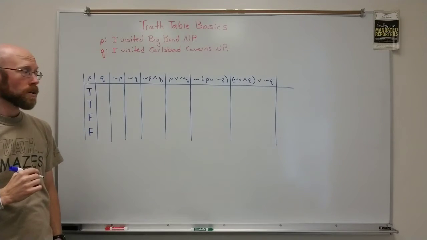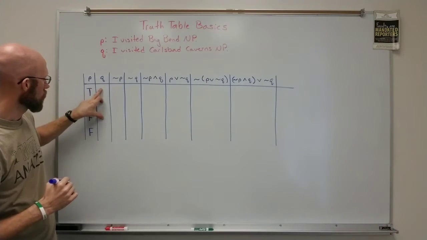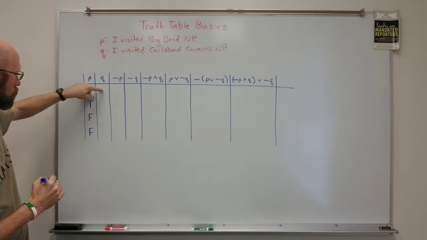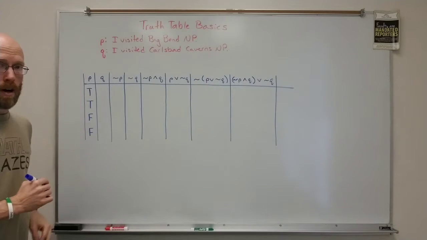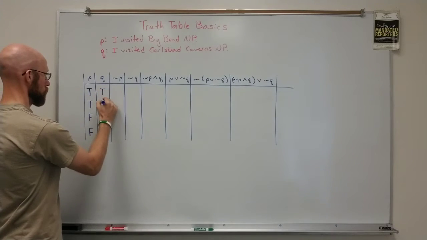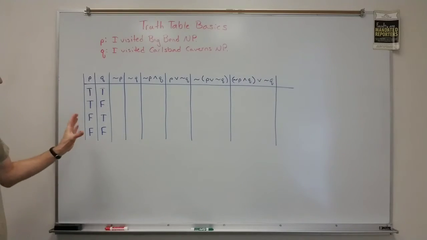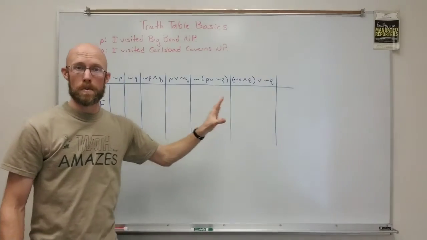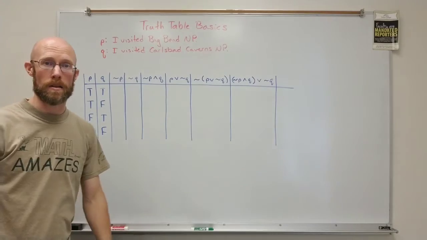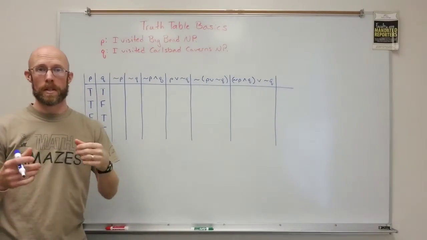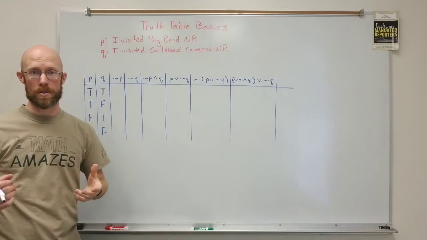Okay. Then I go to the Q, and then Q, I just have to alternate. I have to make sure that there's a true and a false with each of the other options. So I go true, false, true, false. Then everything else from there is dependent upon the first 2 columns. Remember, negations are always the opposite. So the negation of a true is false, and the negation of a false is true.